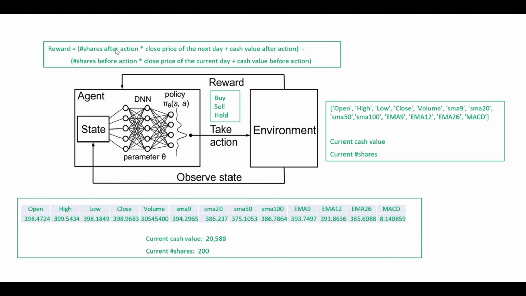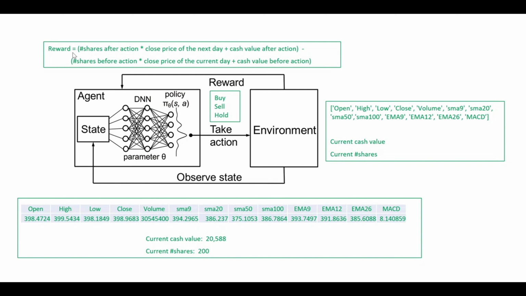So we can calculate the total account value of next day after the action is taken and the total account value of the current day at the close before the action is taken. And the difference between the account values at the close of next day and at the close of today reflects the value change caused by the action that is taken by the agent, right?